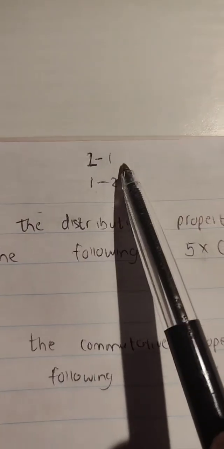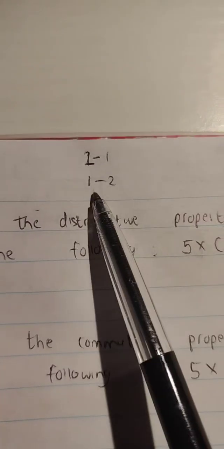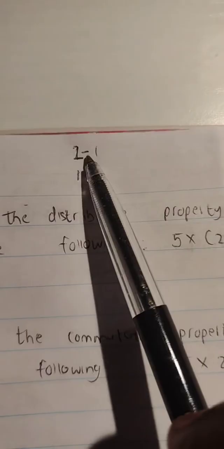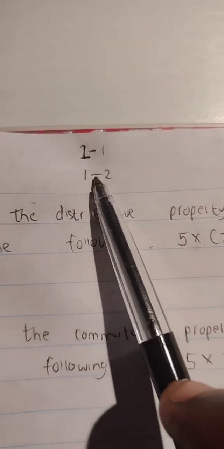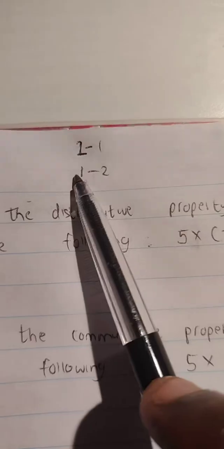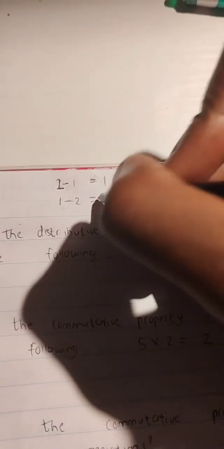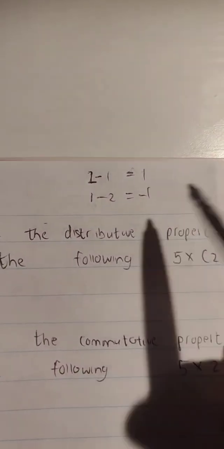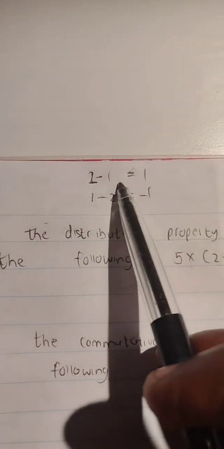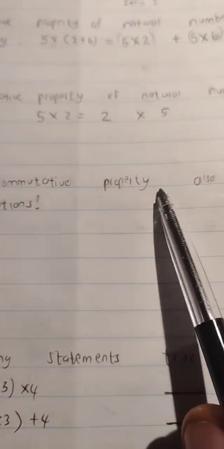Because the commutative property has to do with changing the order of these numbers whilst maintaining the sign in between. Well, 2 minus 1 is 1, whereas 1 minus 2 is negative 1. So does the commutative property also apply to subtraction? The answer is no.